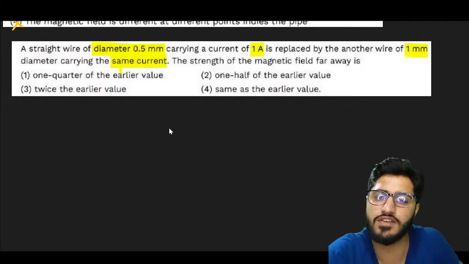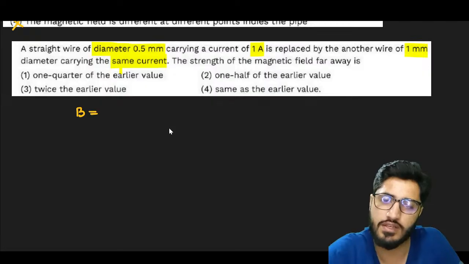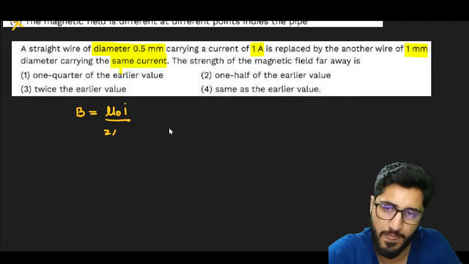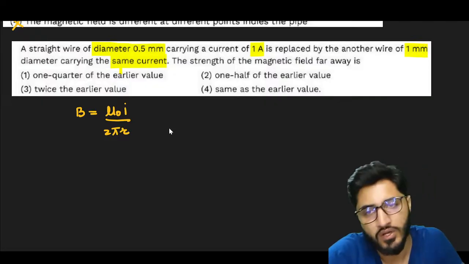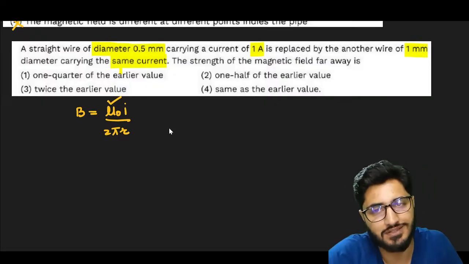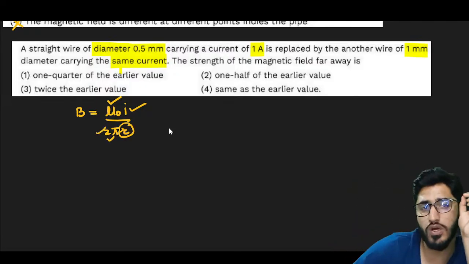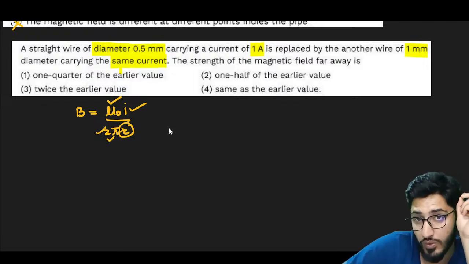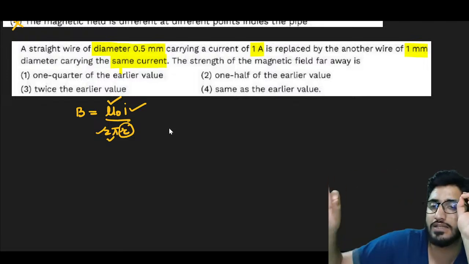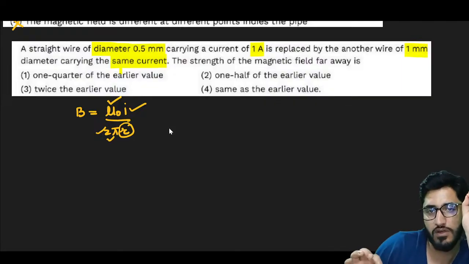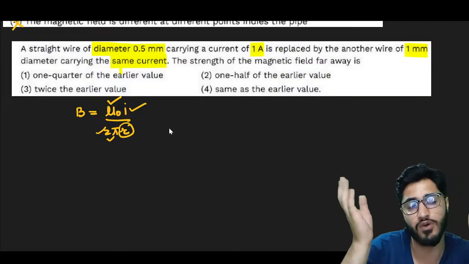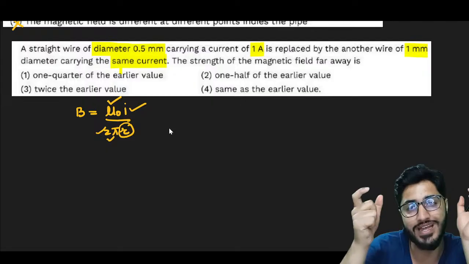Do you know the equation for magnetic field? Yes, sir. Outside it is mu naught I by 2 pi r. Look, mu naught is constant in both cases. I is constant in both cases. 2 constant, pi constant. What is r? r is the distance of the point where you need to calculate the magnetic field from the center of the wire. Everything is the same, only the diameter of the wire increased.